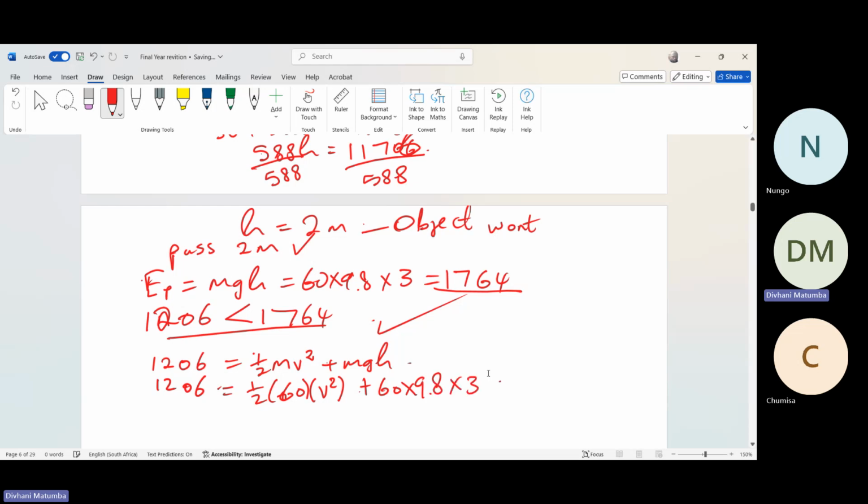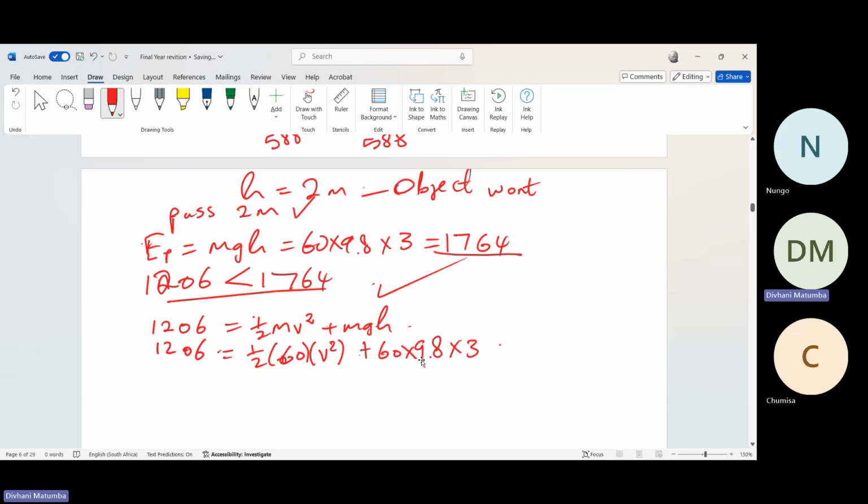So 60 times 9.8 times 3 gave me 1764. And this gave me 30 V squared.